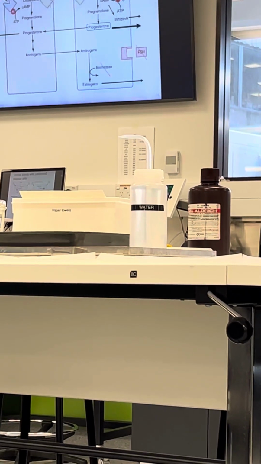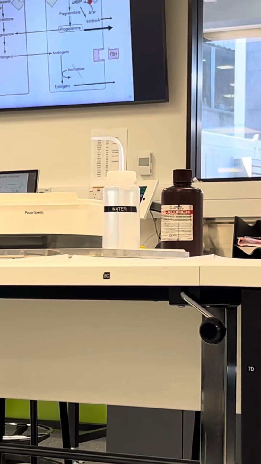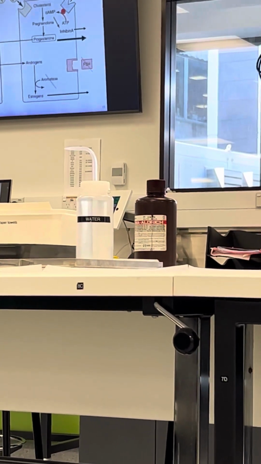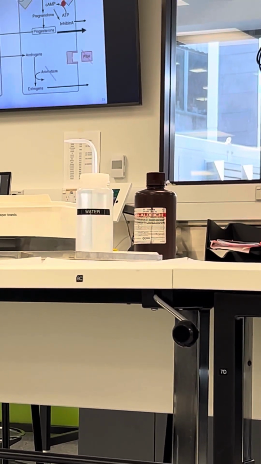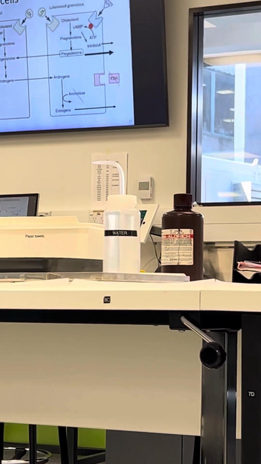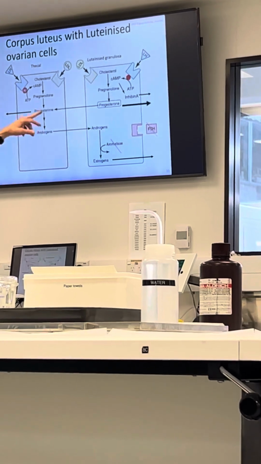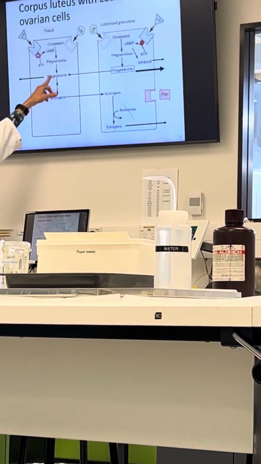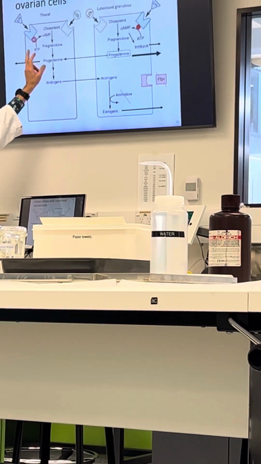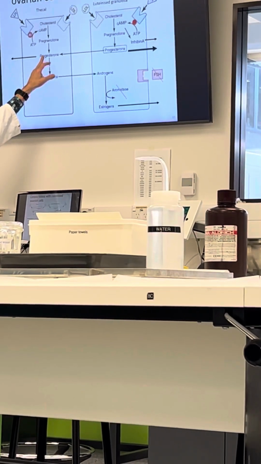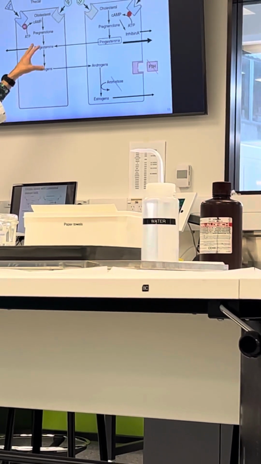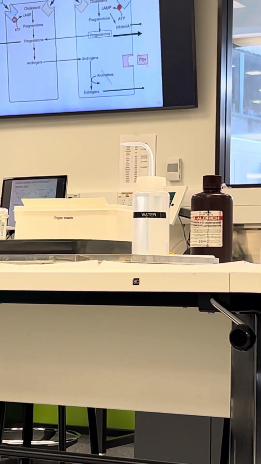So in the corpus luteum sample that you have from the cow, we would expect HSD to be present again, so that this conversion of pregnenolone to progesterone can take place. At the very least, the outside of the corpus luteum, which is still the derivatives of the thecal cells, should produce HSD. So we'll see what happens.